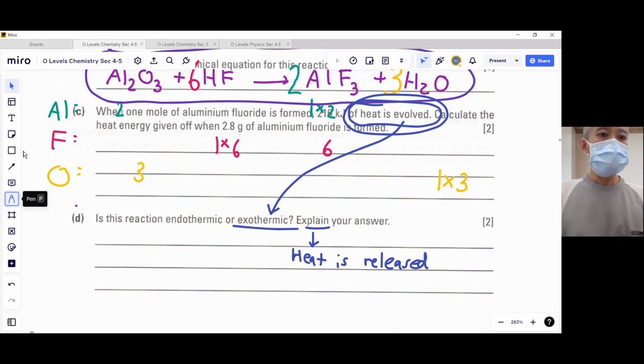Okay, now for the last one, which is quite unusual and doesn't come out often.